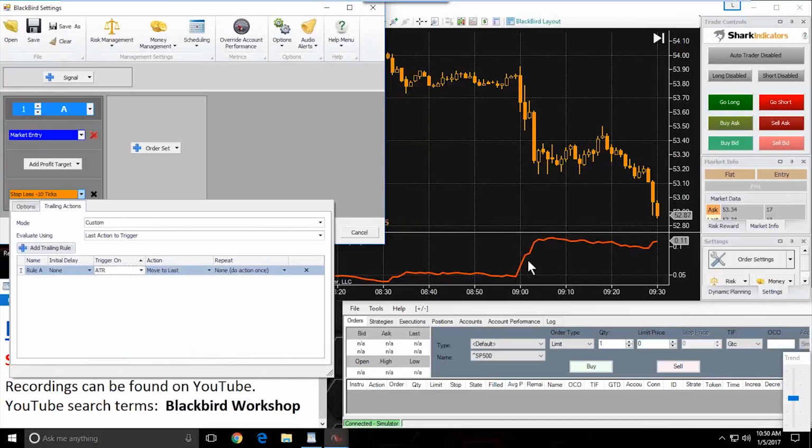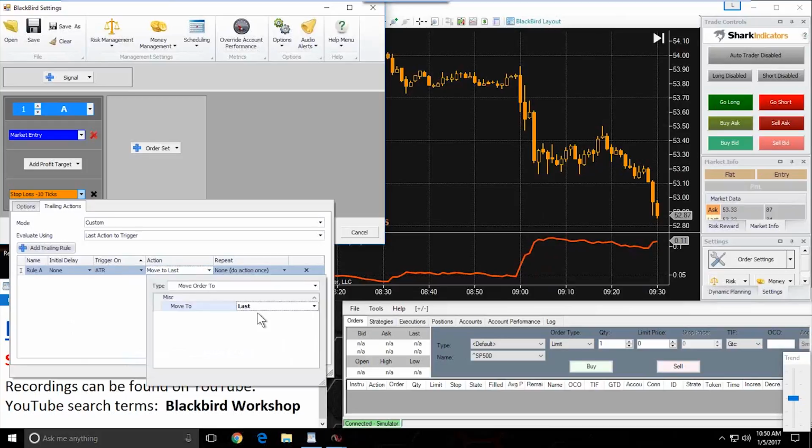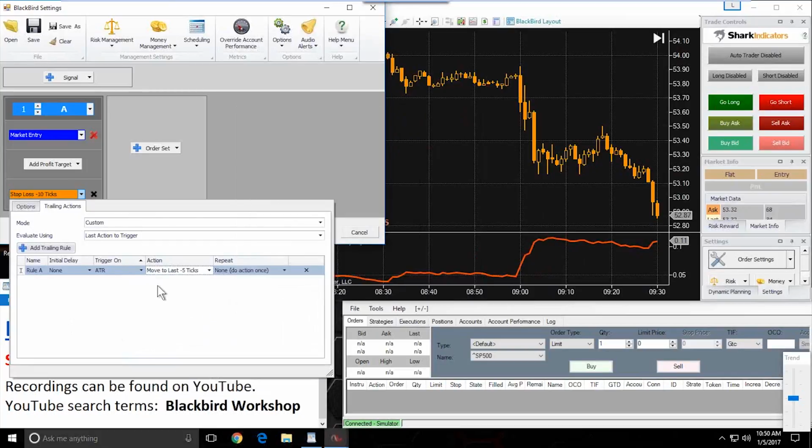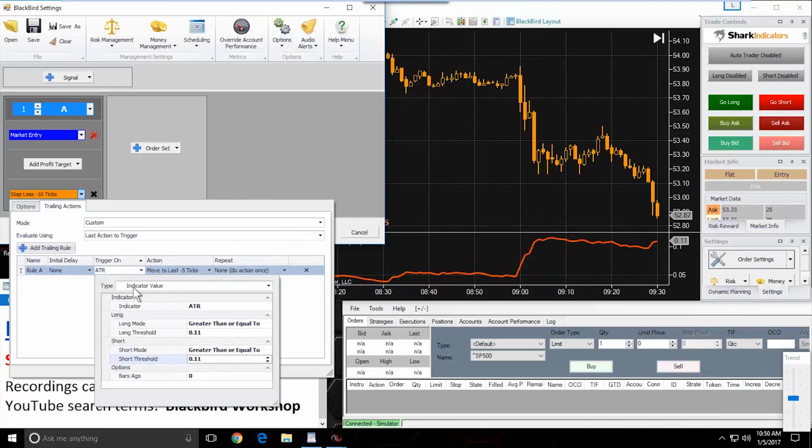Looking for that ATR to shoot up there after a strong trend, and maybe you tighten your stop loss. Just set that to a 5-tick stop loss or something like that. So there's the indicator value triggering event.